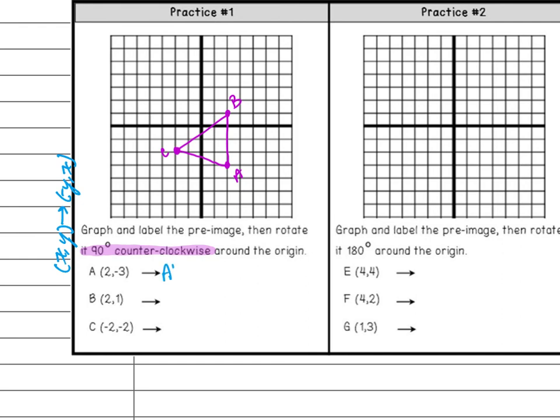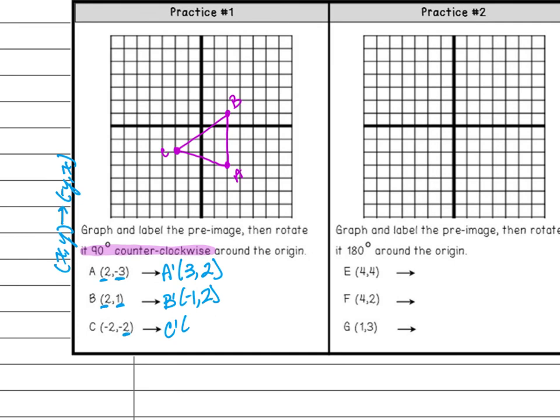So it's A prime. My Y becomes my X, and it changes sign, so that's 3. And my X becomes my Y, so that's 2. 3, 2. B prime. My Y becomes my X and changes signs, and my X becomes my Y. And then C prime.